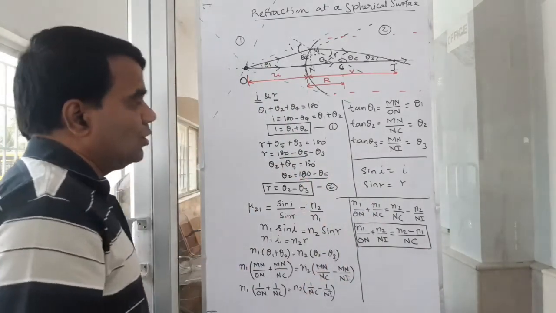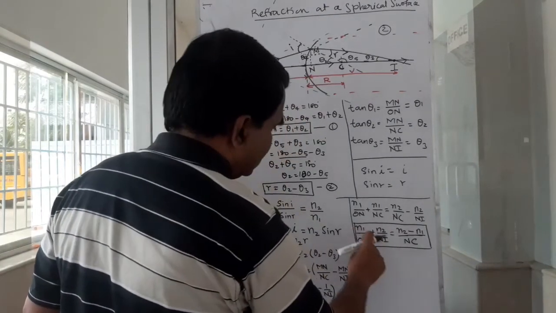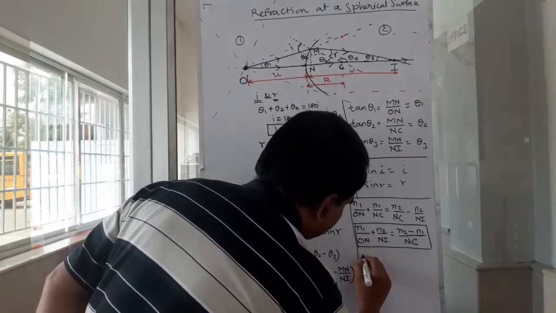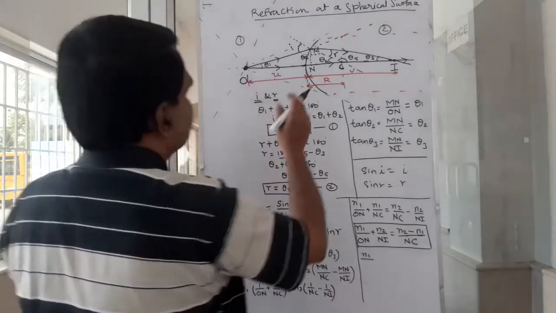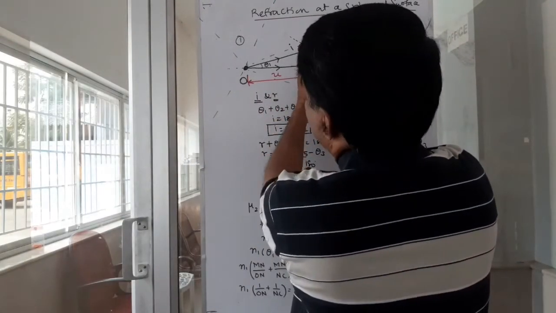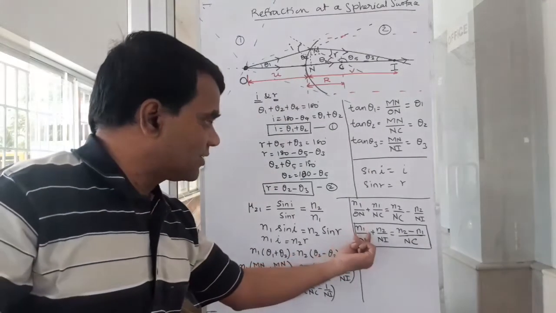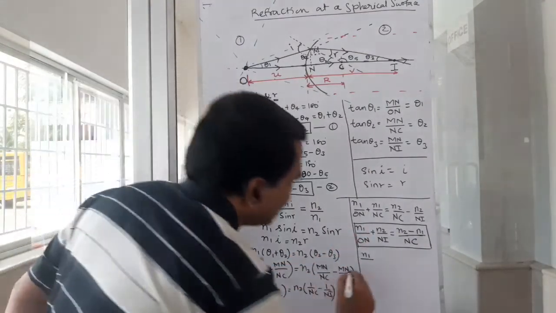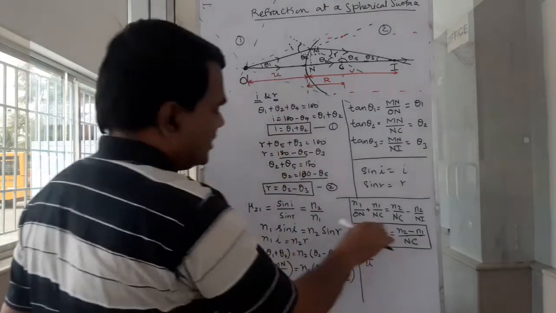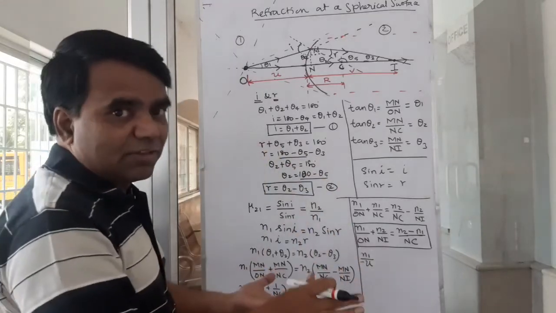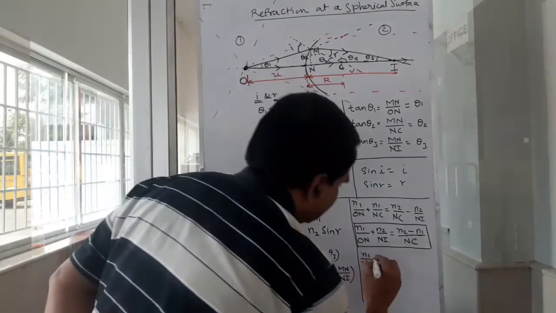So I'll take N1 divided by ON. ON is actually U. U is a negative number, but what I've got here has to be positive, so I will say this is minus U. U is negative because I measured U as a negative number, and minus of minus will give me this positive thing. Perfect.